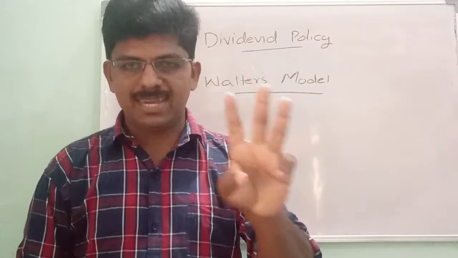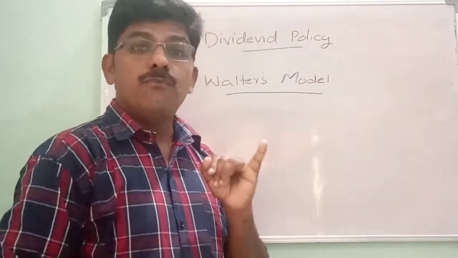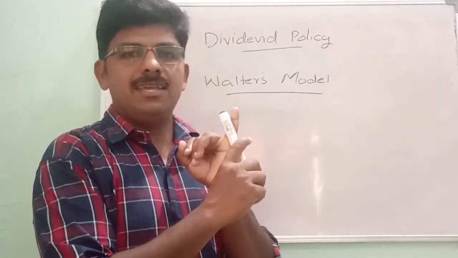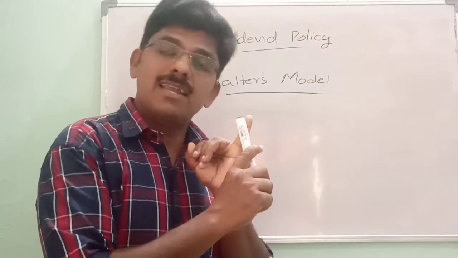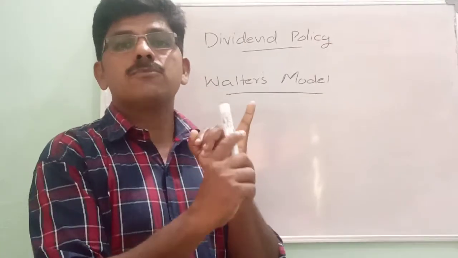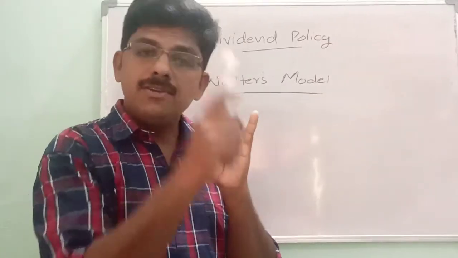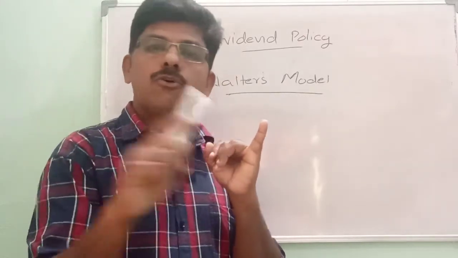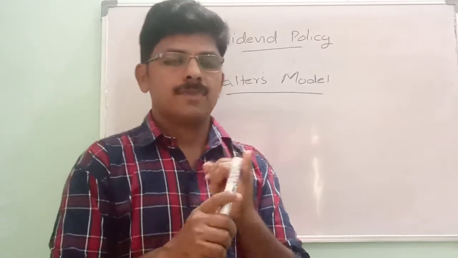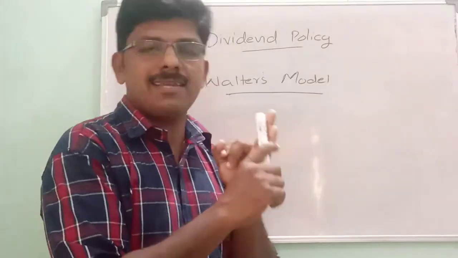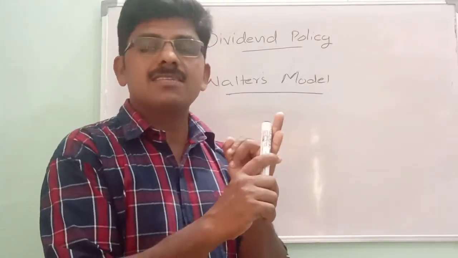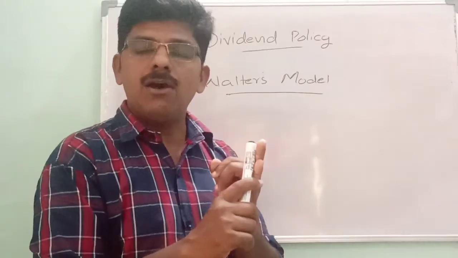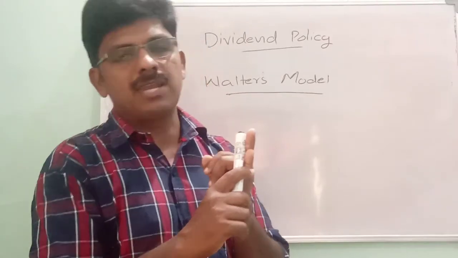So we have three cases. Number one, when R is greater than KE, the firm should retain entire earnings and follow zero payout ratio. That means no dividends are to be paid. When R is less than KE, entire earnings are to be declared as dividends without keeping any amount as retained earnings.